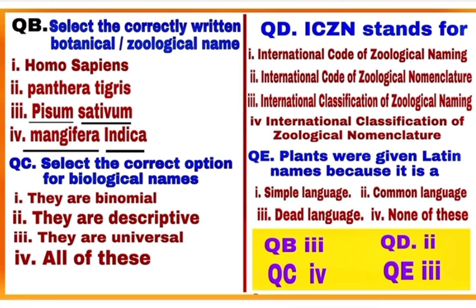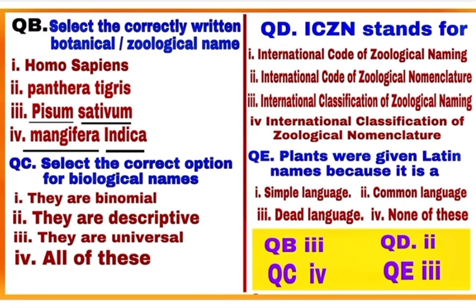Question D. ICZN stands for? It stands for International Code of Zoological Nomenclature, which is option 2 in the given question. So, mark 2 as a correct answer. Question E. Plants were given Latin names because it is a dead language.